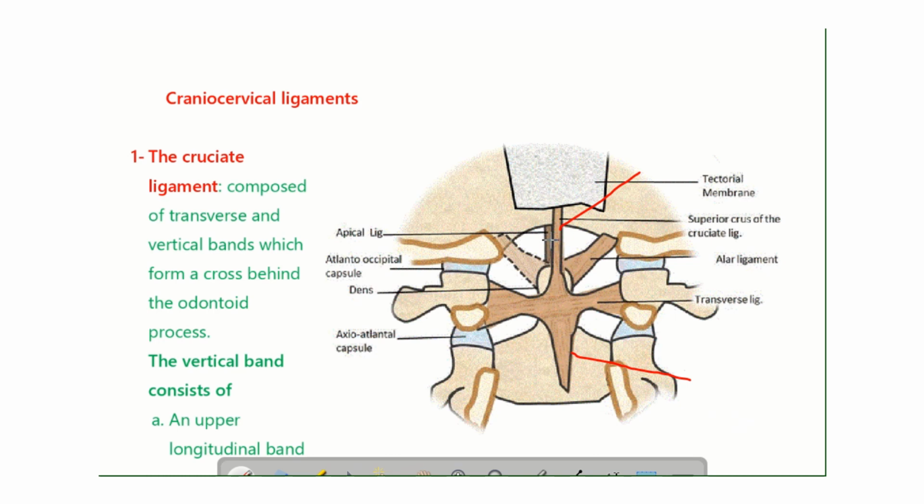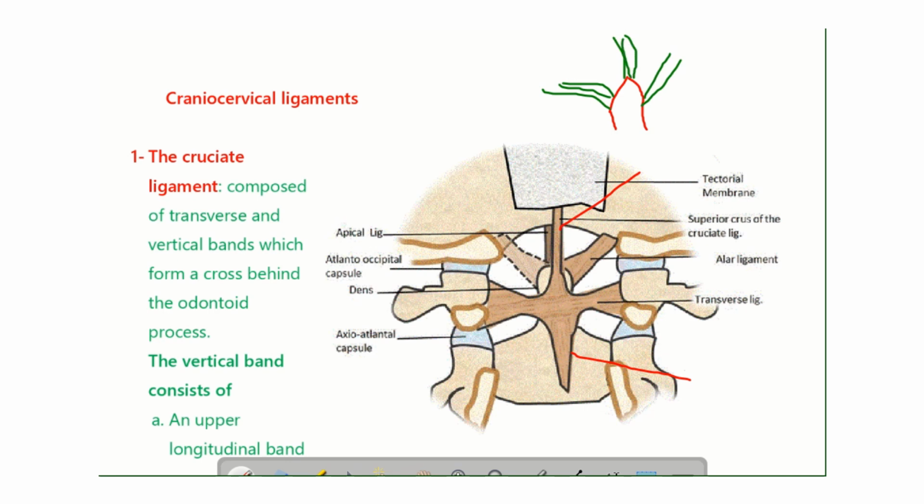If you look at the dens of the axis like this, two ligaments stretch from its sides to the base of the skull. They are called alar ligaments. And one median ligament is called the apical ligament.